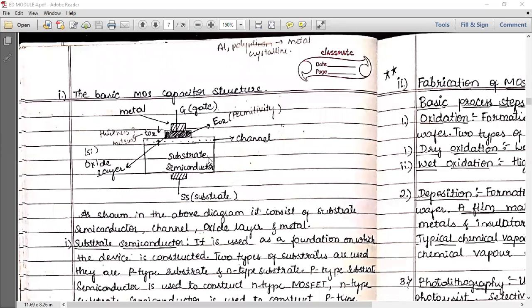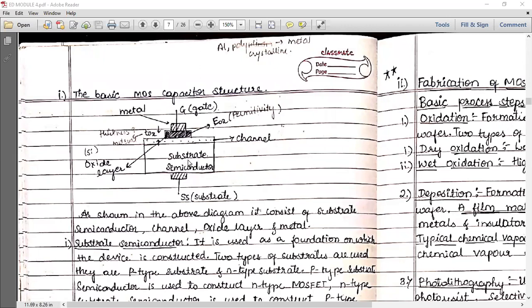There are two types of substrates we are going to use: the P-type substrate and the N-type substrate. The P-type substrate is used to construct the N-type MOSFET, and the N-type substrate is used to construct the P-type MOSFET. These two are used to construct the basic MOSFET transistor.